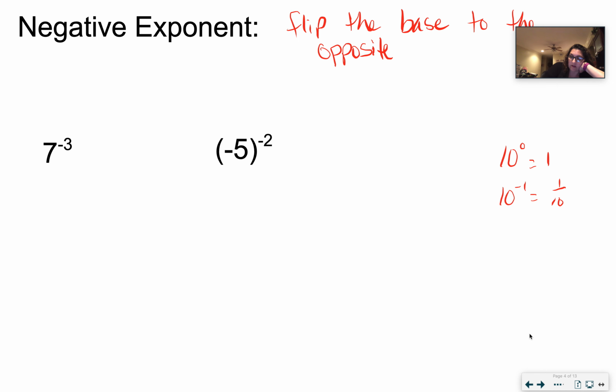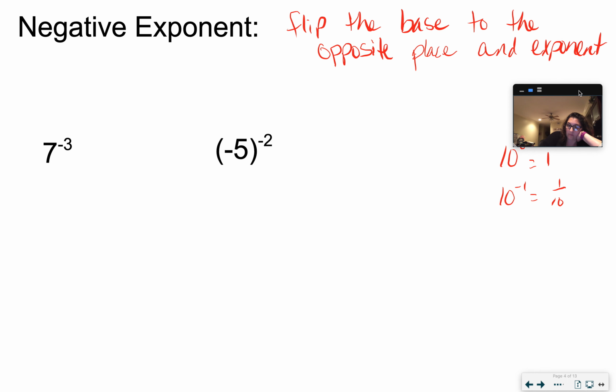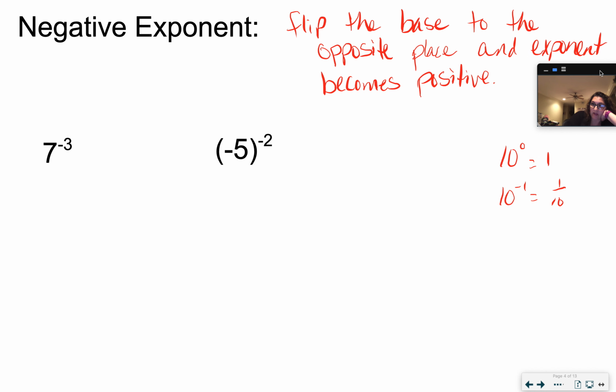Flip the base to the opposite, I can say place, I guess. And the exponent becomes positive.